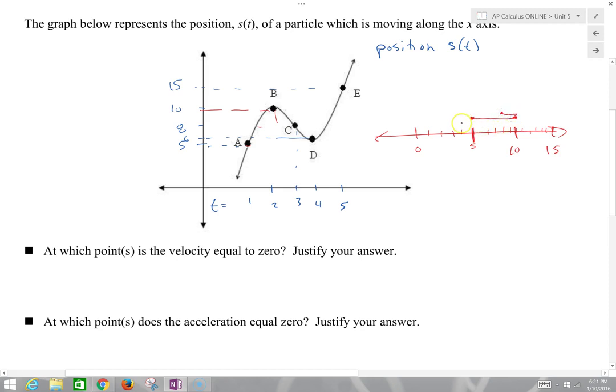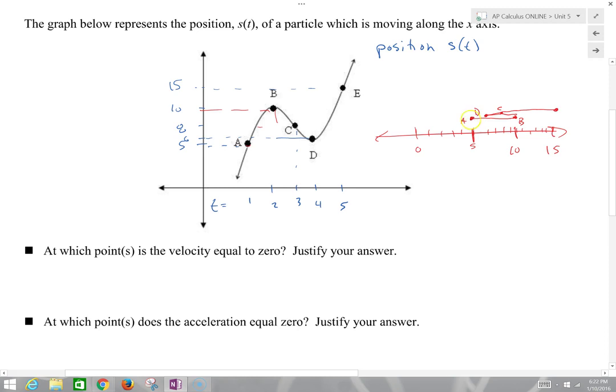So this is A, this is B, this is C, and then it continues moving backwards until it gets to 6. And at D, it changes direction again and turns around and goes back and ends up here at 15. So that's what it's doing. I didn't overlap the lines; I spaced them out a little bit so I could draw them and you could see them.